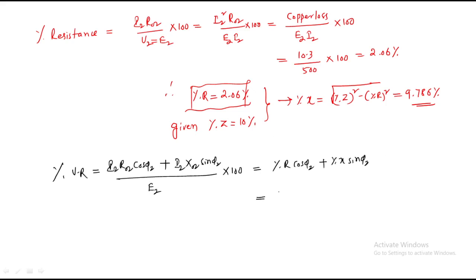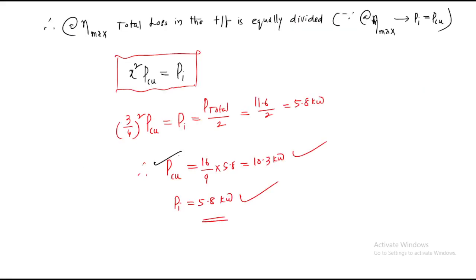What is the value of percentage R? 2.06 into cos phi 2, which is given as 0.8. Percentage X is what? 9.786 into 0.6. What is the answer? 7.52%. So like that you have to calculate the percentage voltage regulation with the copper loss component.